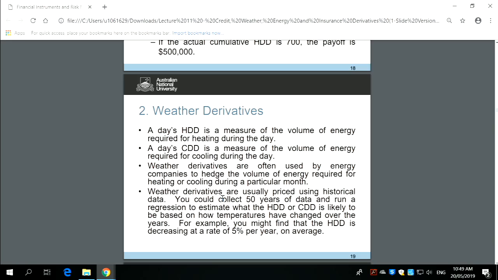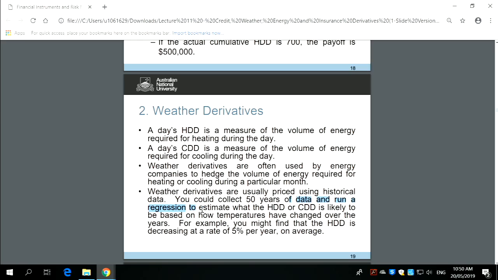The way you can price them is by collecting a lot of HDD observations. Imagine you collect the daily HDD over the past 50 years. The example given here is that you can run an ordinary least squares regression, fit a line through those observations, and get the slope from the regression, your beta hat.